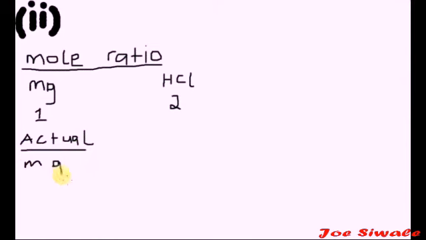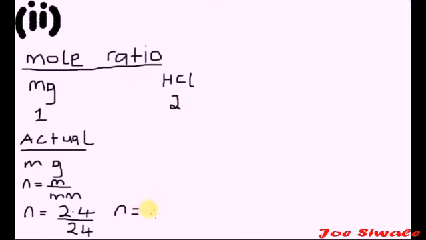in the reaction. So to find the number of moles of magnesium, I will say number of moles is equal to mass over molar mass. The mass we have been given is 2.4, divided by the molar mass, which is 24. 2.4 divided by 24 is 0.1 mole of magnesium, which will take part in the chemical reaction.